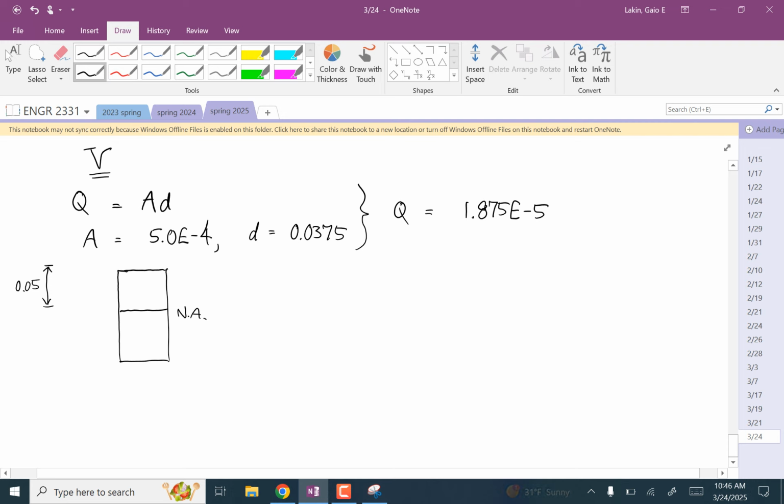So from the neutral axis to the midpoint there is 0.025.